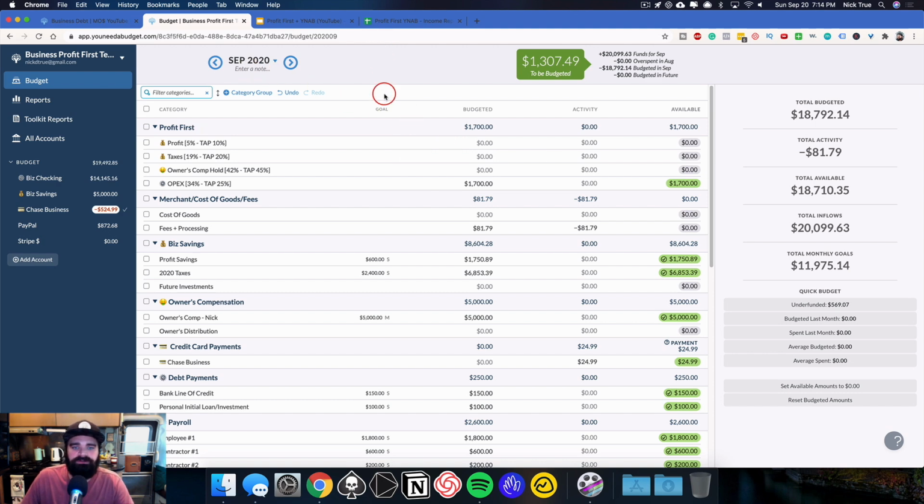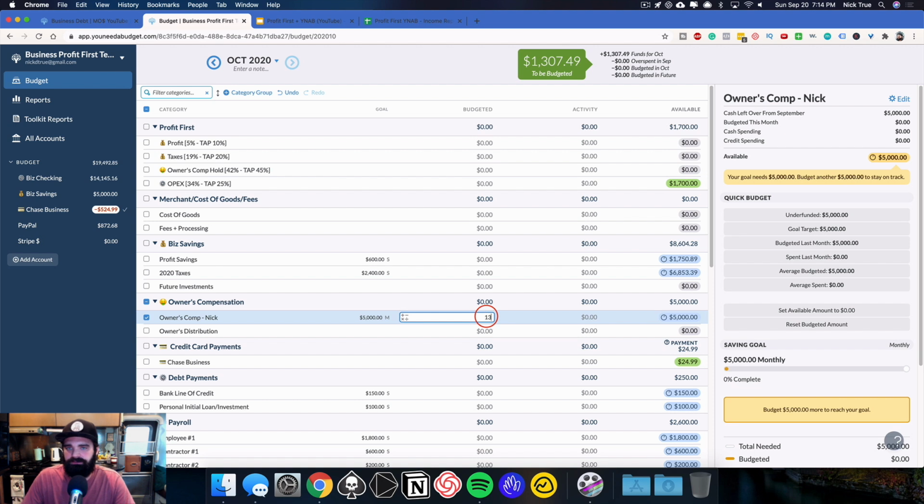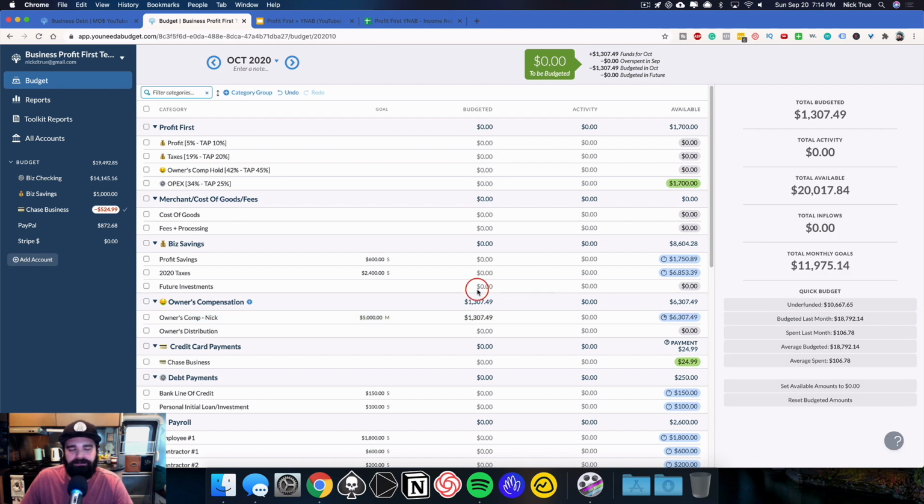So what I'm going to do in this case is go forward into October and set aside $1,307.49 for Nick's salary. This is how we start getting ahead, so that during the really good months, we really fund ahead, and during the down months, we can still afford to pay ourselves our salary.